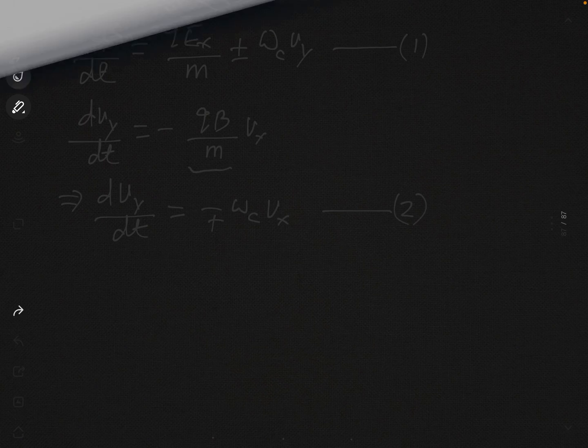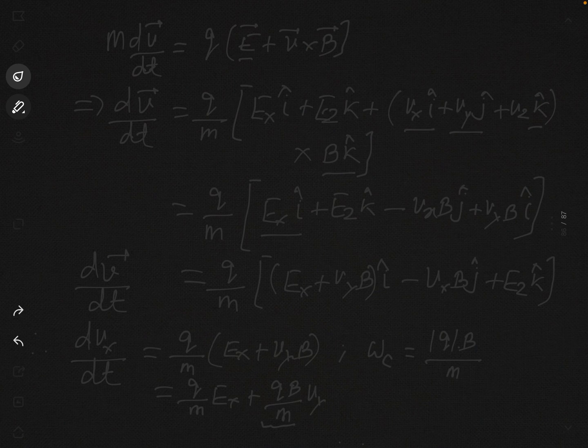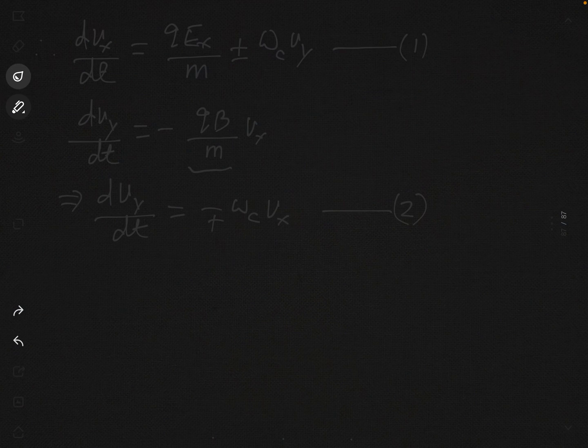Now let us equate the z components of the vectors in LHS and RHS. The z component in RHS is q over m into Ez. So we can write dvz by dt is equal to q over m into Ez.